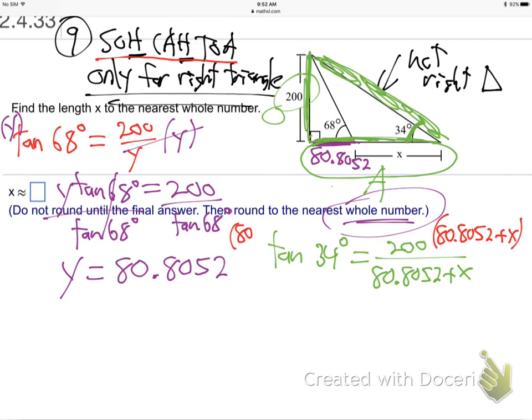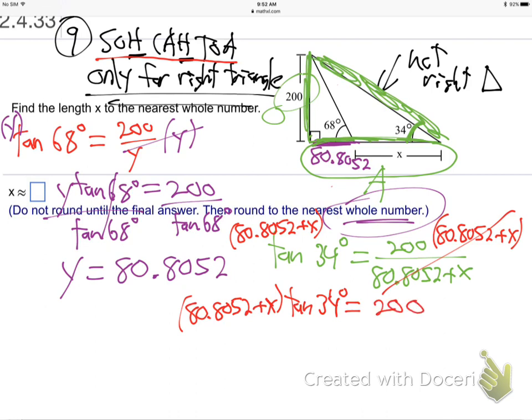It cancels on one side. Denominator, multiply both sides, that gets rid of it. What do we have on the other? 80.8052 plus x times tan 34 equals 200. You with me so far? This one's not an easy problem.